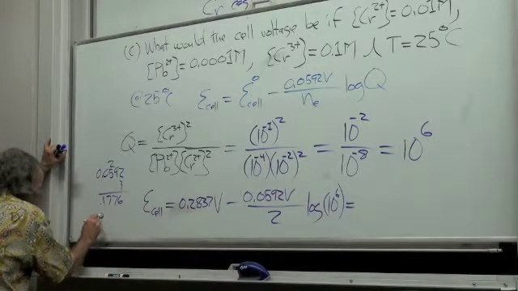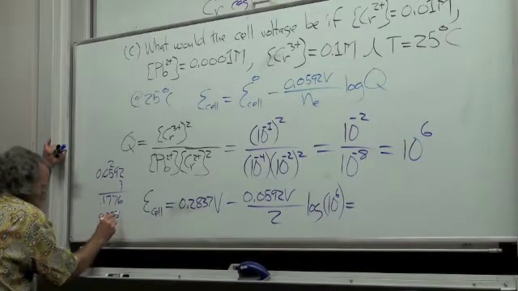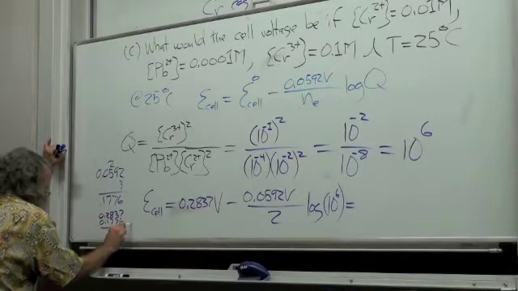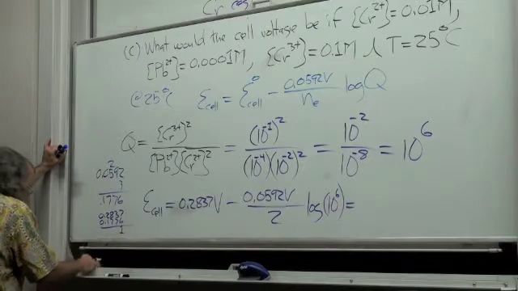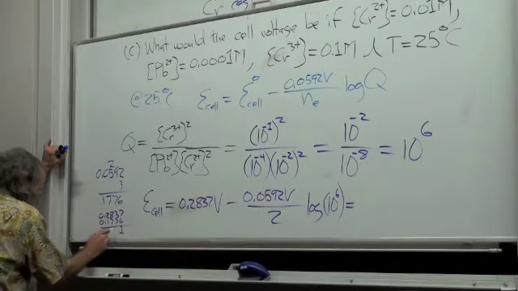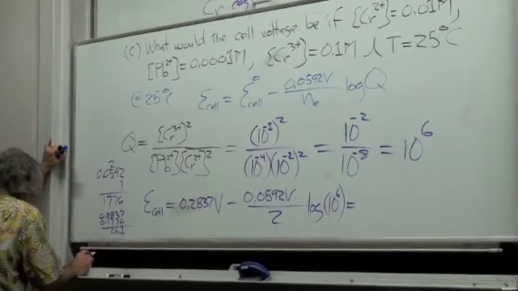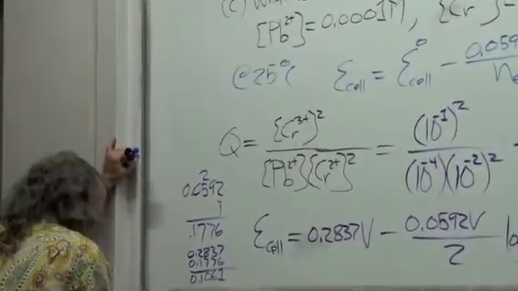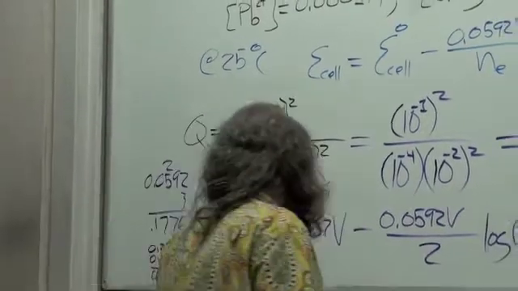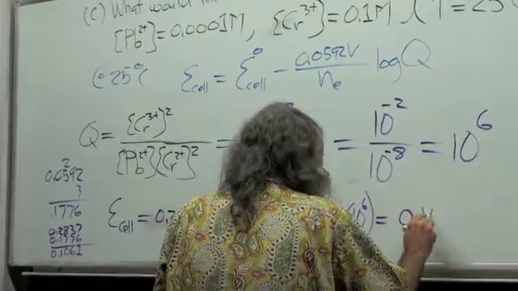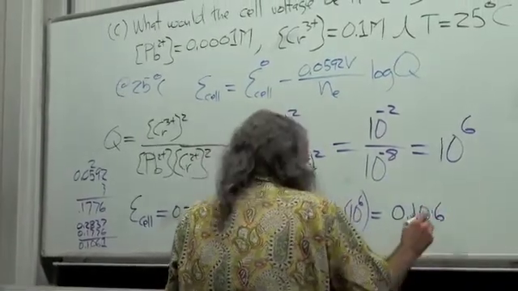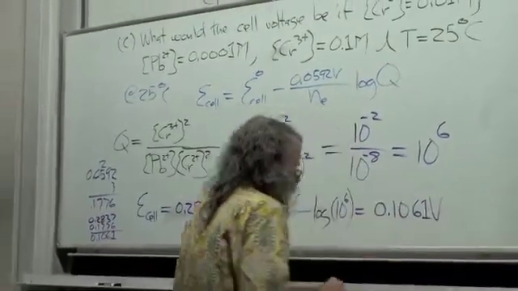So 0.2837 minus 0.1776. And 13 subtract 7 is 6. And that's a 0. And that's a 1. Okay, equals 0.1061 volts.